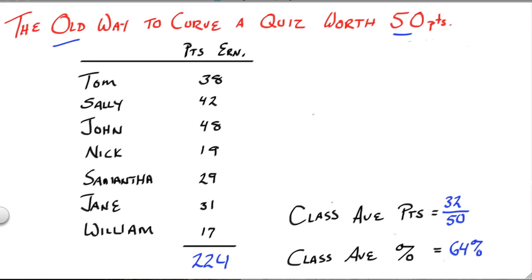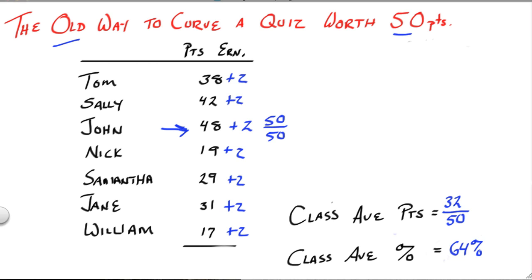So in the past, in the old system, we would take whatever the best grade was, which is John, and add to it whatever it takes to give a 50 over 50. So we would add 2 to that, but we would also add 2 to everybody.